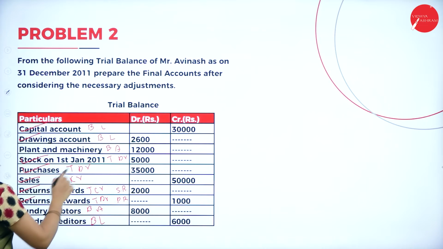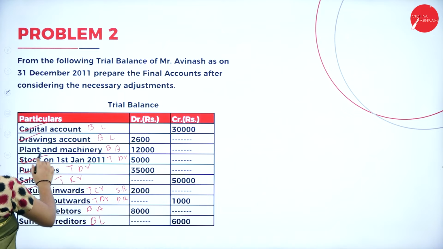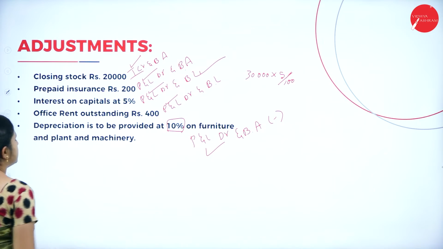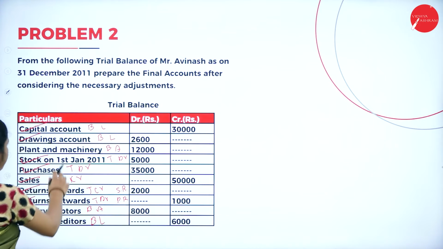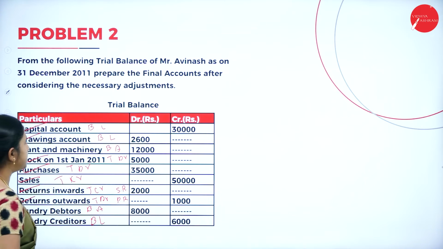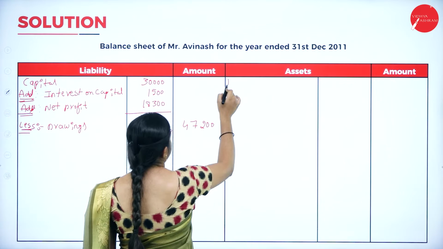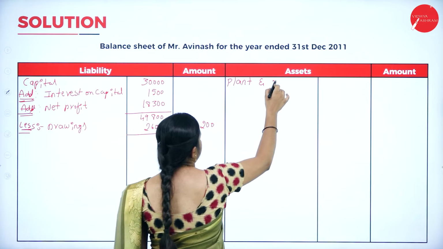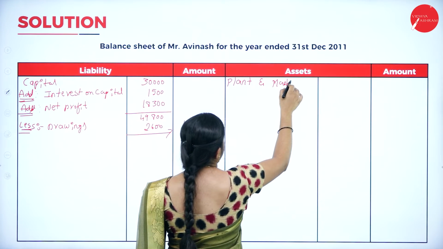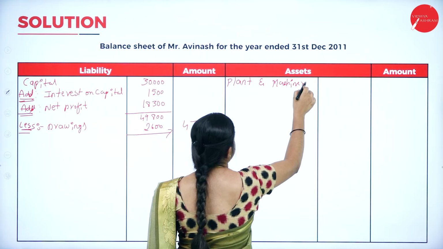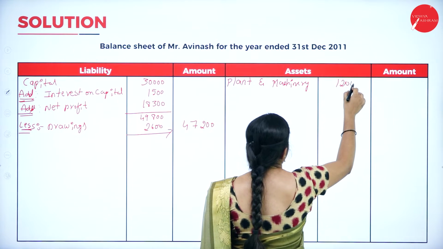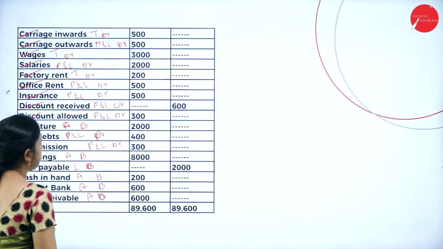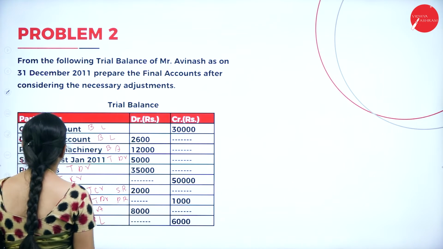Again, plant and machinery, balance sheet asset side. For plant and machinery, we have depreciation. First write the plant and machinery amount 12,000 and deduct depreciation. Asset side, plant and machinery, rupees 12,000.